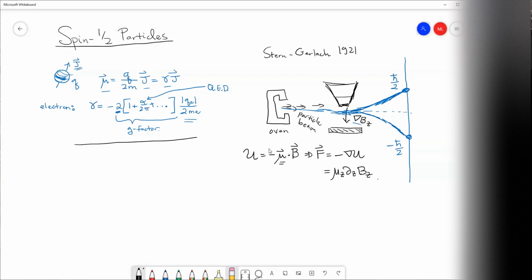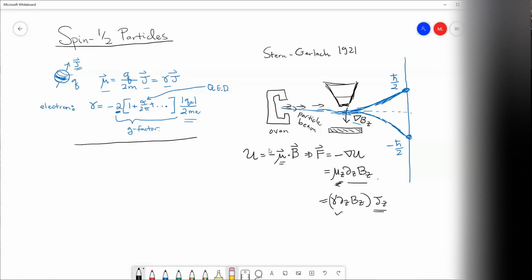If this is non-zero, then it will feel a force proportional to mu z, and mu z itself is proportional to the z component of the angular momentum. More specifically, it's gamma times this gradient times the z component of the angular momentum.